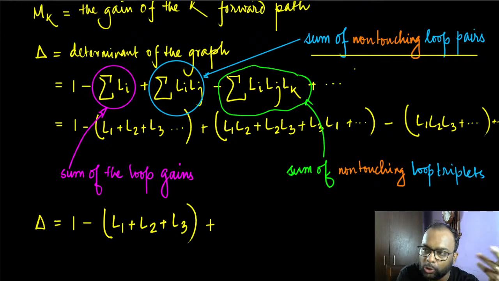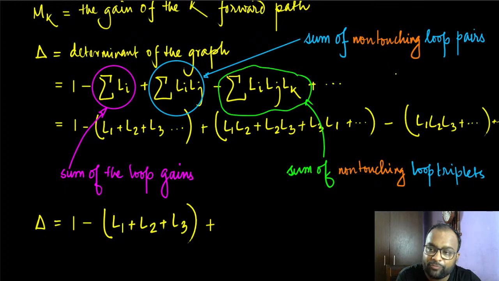Now, non-touching loop pairs are loop pairs which do not share a common branch. Again, let me repeat. I'm explaining the second summation term, which represents the sum of non-touching loop pairs. So if you have non-touching loop pairs, then you put those terms here.